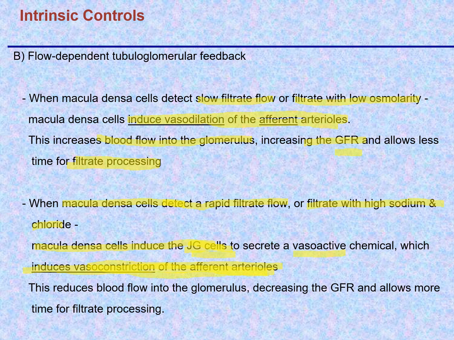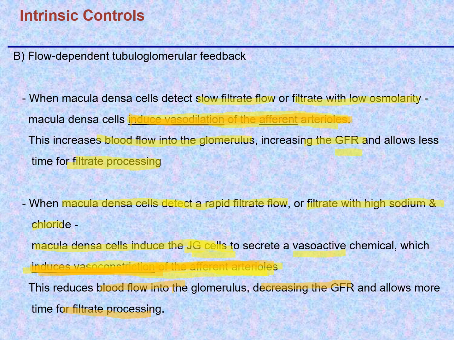So the end result is either vasodilation of the afferent arterioles to increase GFR, or vasoconstriction of the afferent arterioles to decrease GFR. Thus, with the vasoconstriction, reducing flow, decreasing GFR, allowing for more filtrate processing.